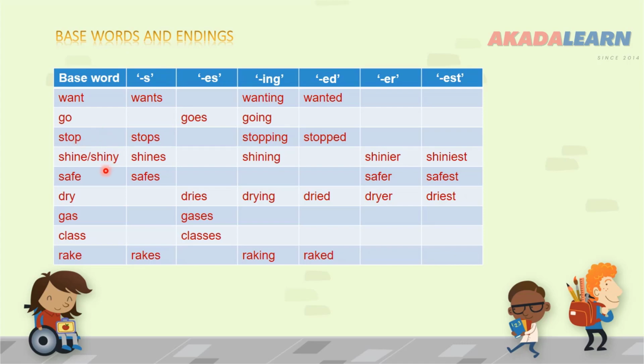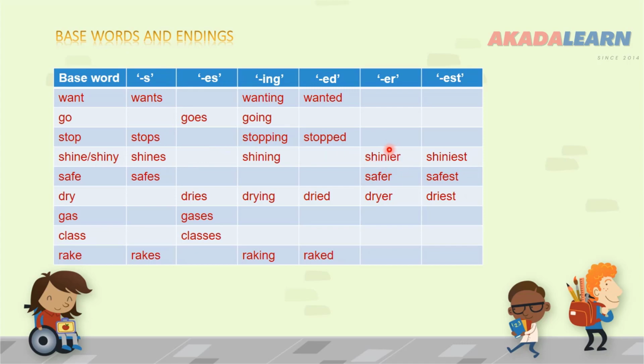Shine or shiny. Let's start with the word shine. When you add an S, it becomes shines. When you add an ING, it becomes what? Shining. Now let's go to shiny. When you add an ER to shiny, it becomes shinier.